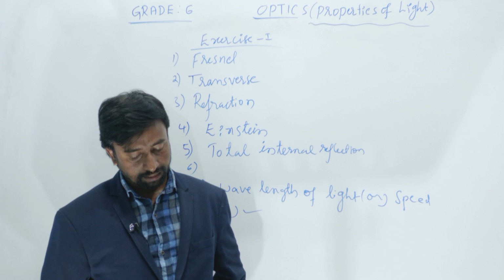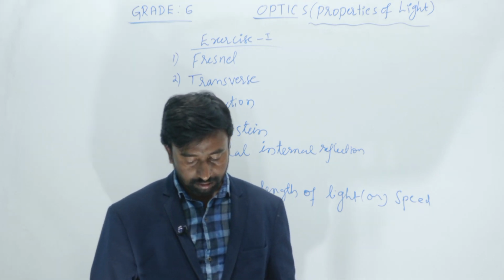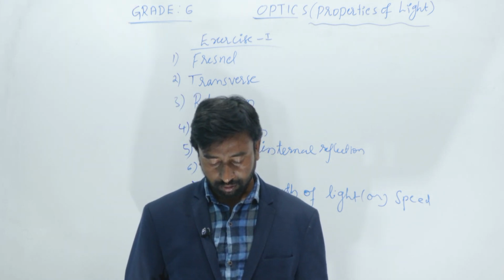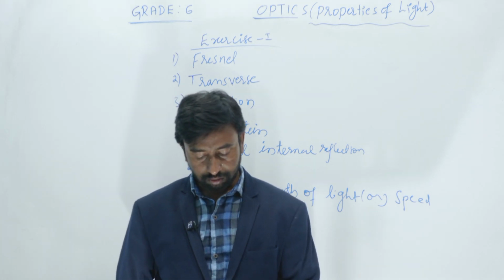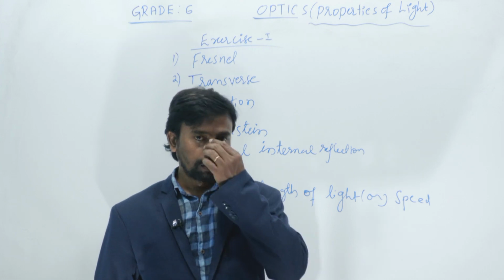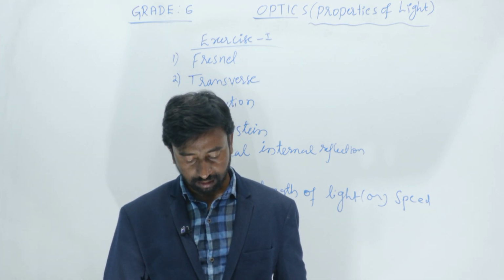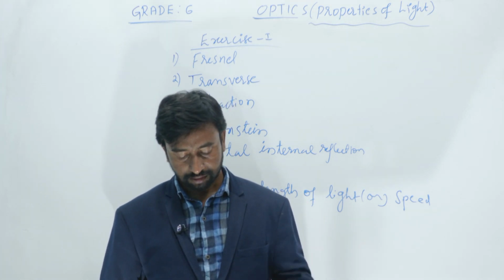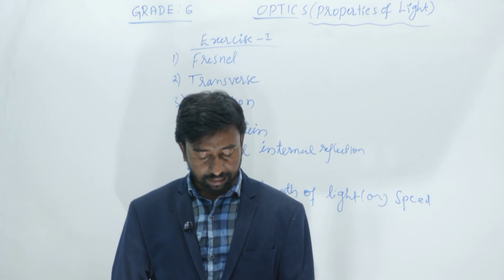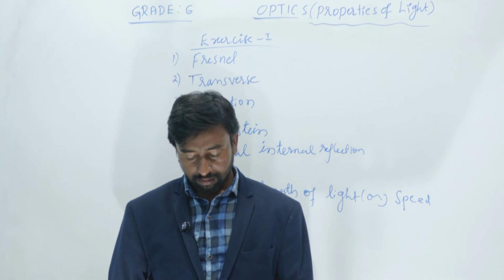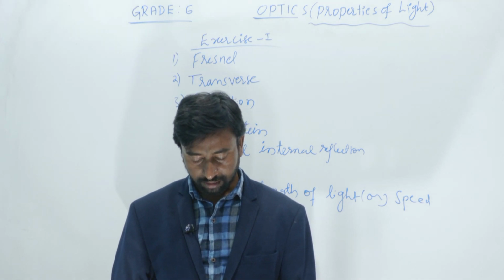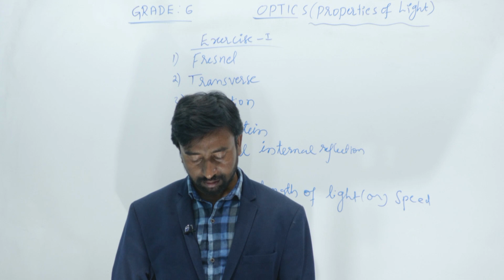Next, according to Huygens' theory, light is a transverse mechanical wave. And next, according to the corpuscular theory, light should travel slower in the denser medium than the rarer medium.